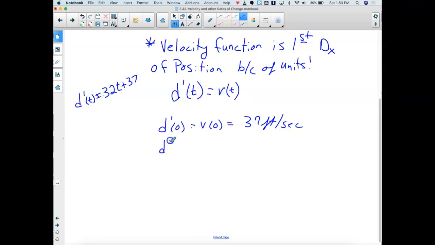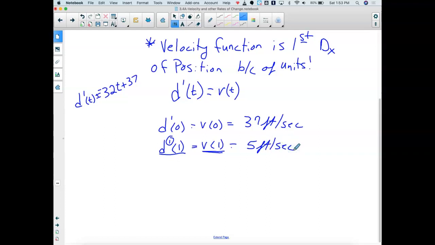The derivative, or what's my velocity at 1 second? So you understand, the first derivative of position is velocity, and if I plug 1 into my velocity function, that's negative 32 plus 37. What do I get? This is 5 feet per second.